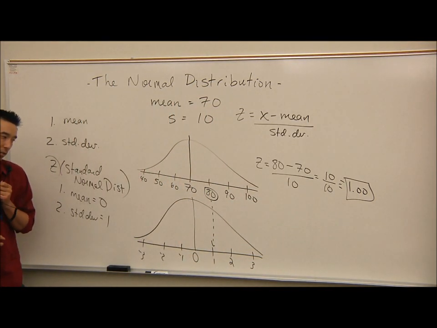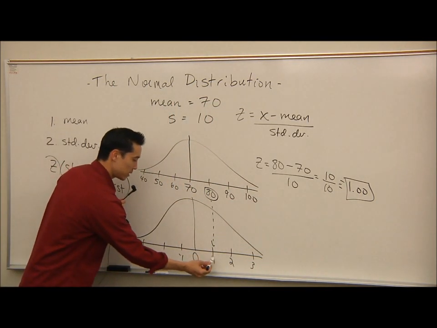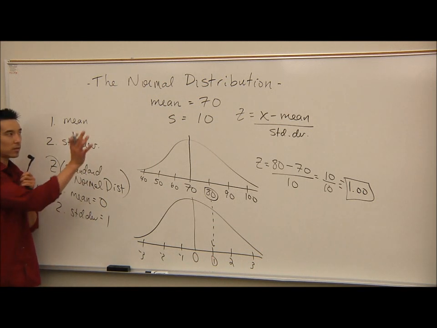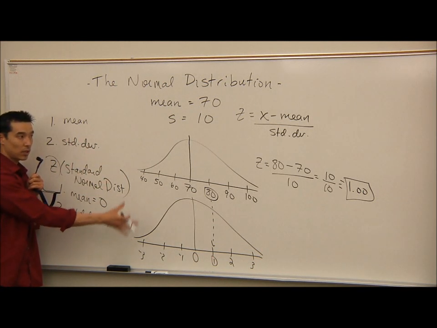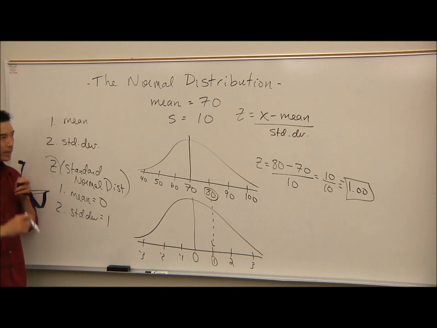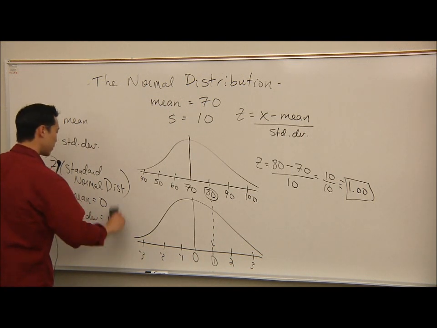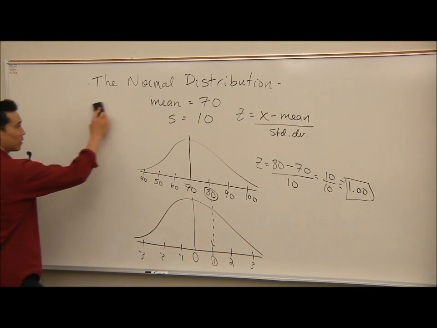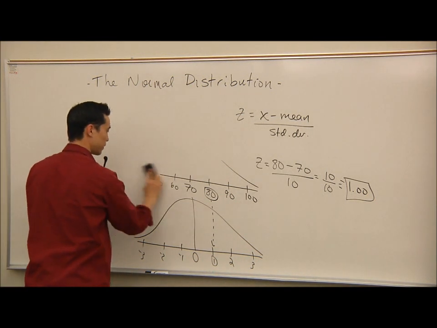Okay, and you'll see why in just a second. But this is z of 1. Okay? All right. So just know that you can convert any normal to a standard normal using your z formula. Okay? The next thing you absolutely have to know is finding area under the z curve.